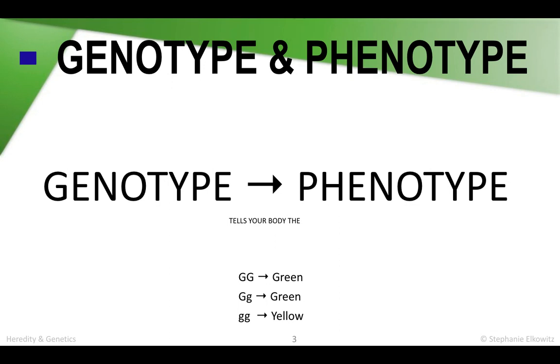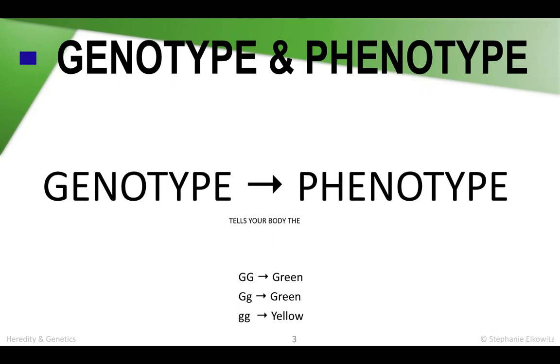All right, now if you look down below that, you see three sets of letters and then some colors on the bottom. You're going to see capital G, or lowercase g. I like to say little g. So you're going to see big G, or little g. Those letters, that's the genotype. That's the actual genes in your body.